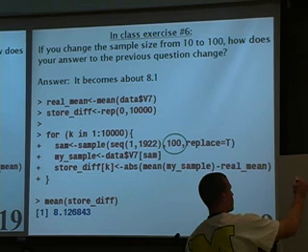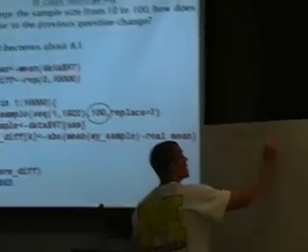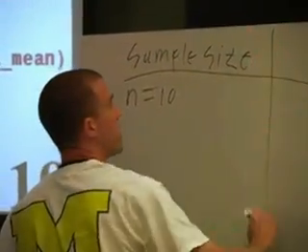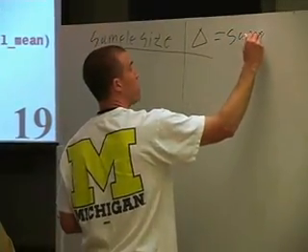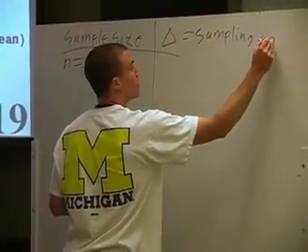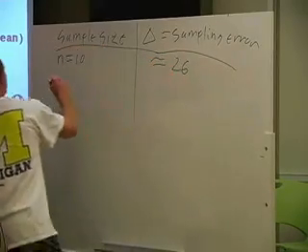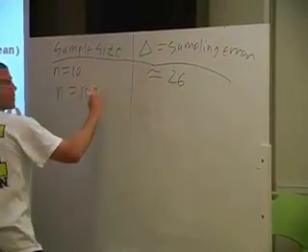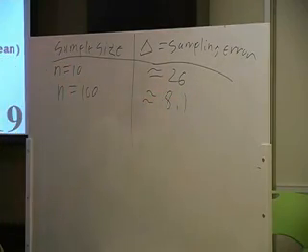If we have a sample size of 10, we saw that our average delta, which is what I'm calling my sampling error, was about 26, roughly. And when I used a sample size of 100, my average delta was about 8.1. So this thing is decreasing as this thing increases, but the question is at what rate?